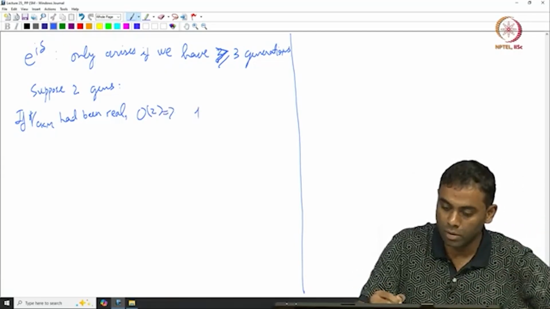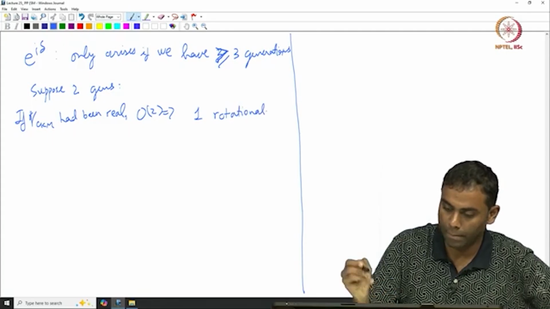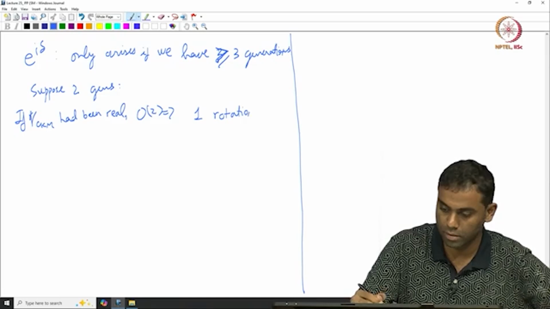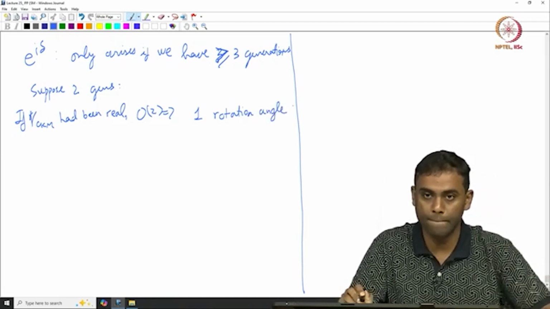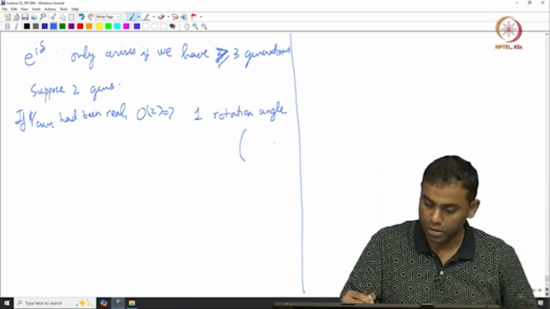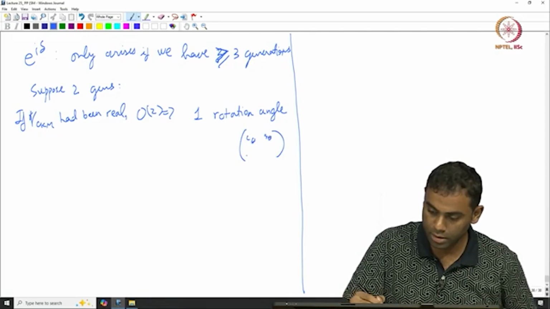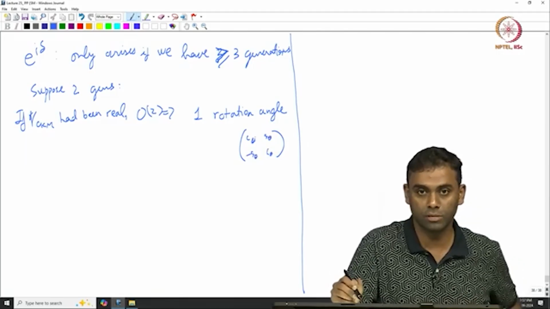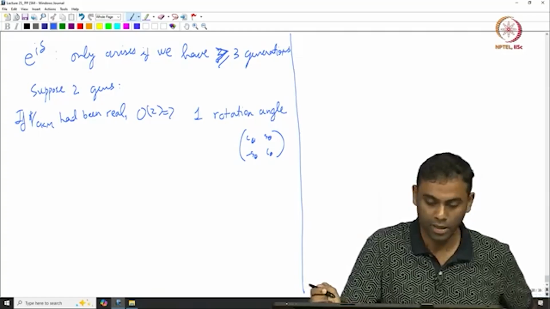I have 1 rotation angle, agreed? So, we write it as cos theta, sin theta, minus sin theta, cos theta, that is what we would do if we had just 2 dimensions, correct, that is what this means. So, this is 1 rotation angle.